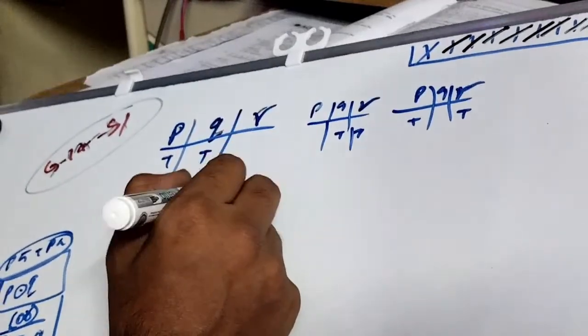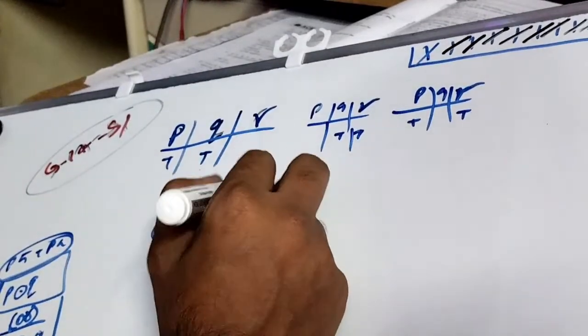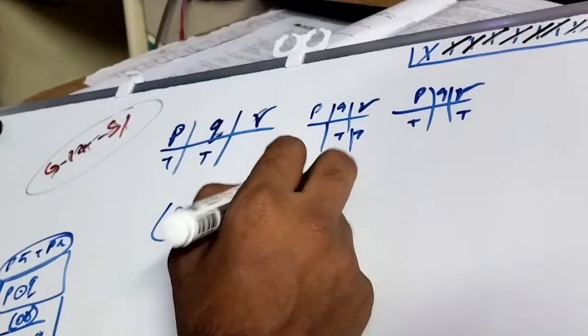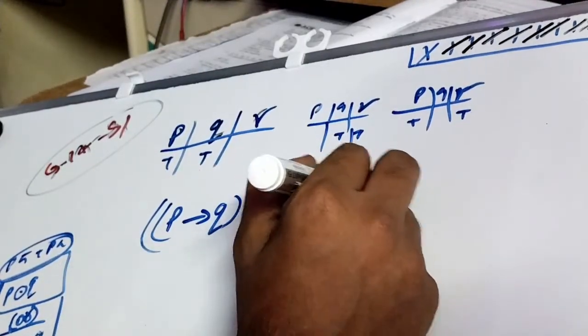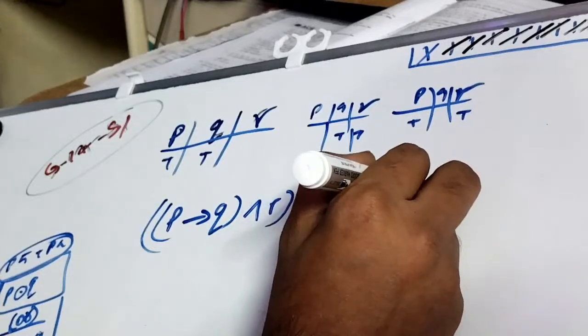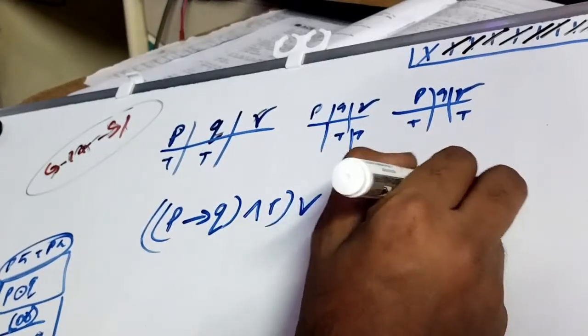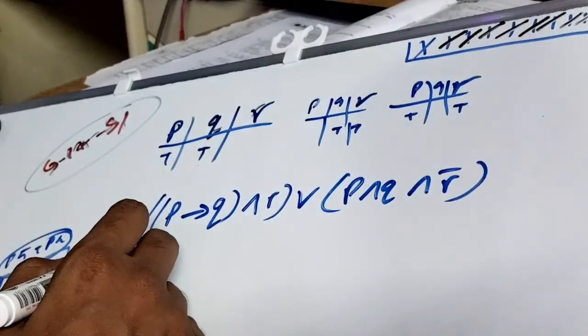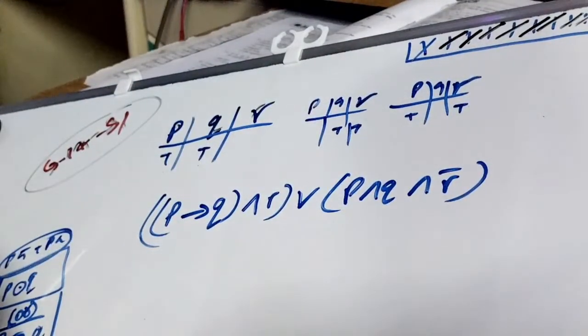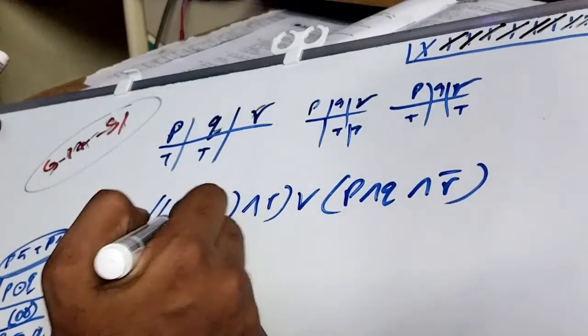For P implication, if then and, or P and Q and negation of Q. Let us see this condition.